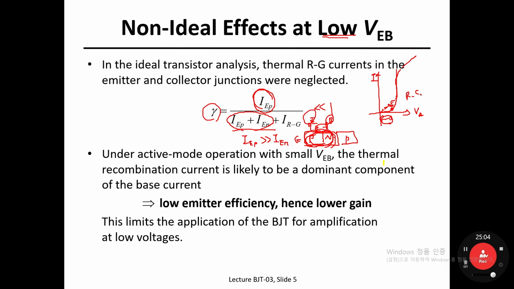Yes, recombination current. Recombination current happens in your forward biased PN diode. Why is that? The electrons in the N side and holes in the P side have quite low energy, not enough to go over this potential energy height.